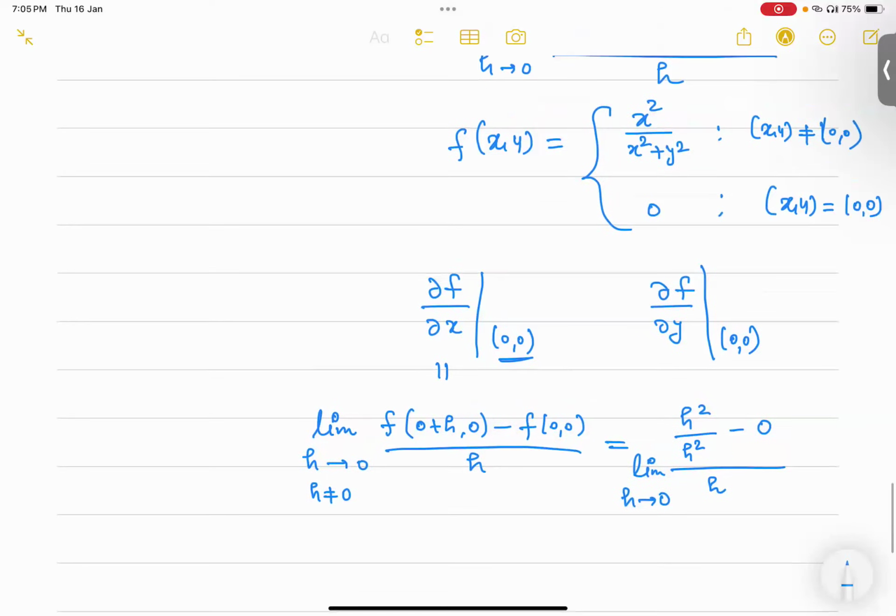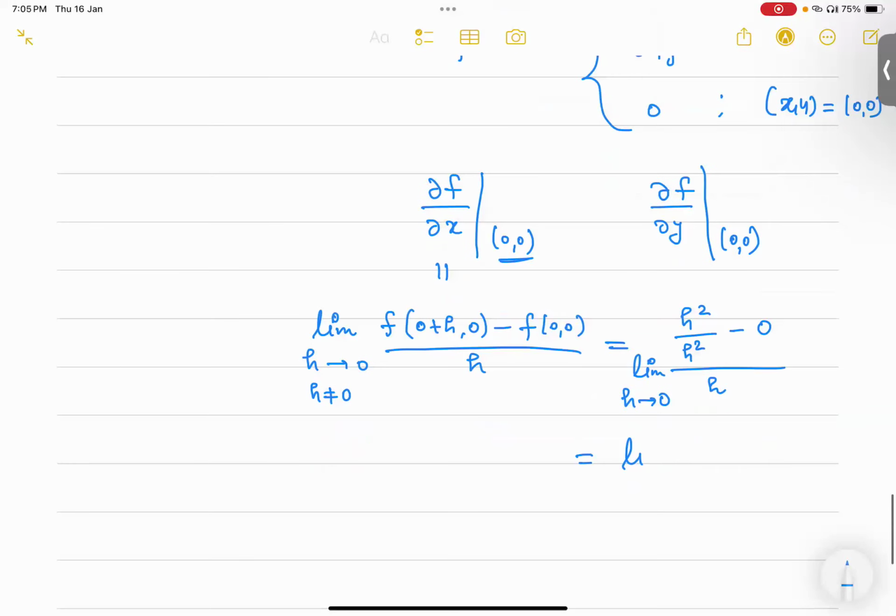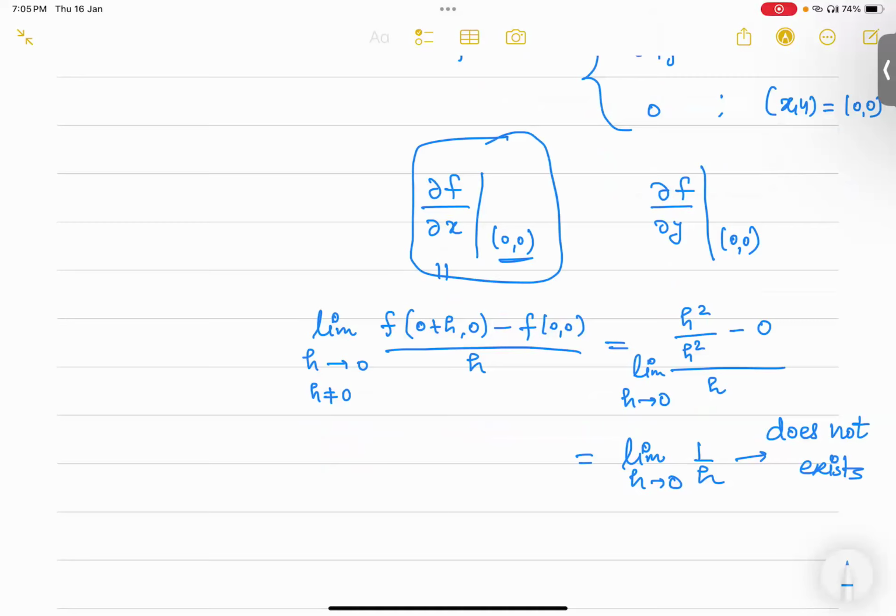So this will be equal to limit h tends to 0 of 1 upon h, and this limit does not exist. So that means this derivative does not exist.